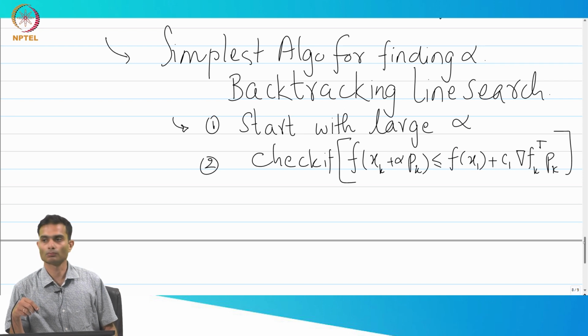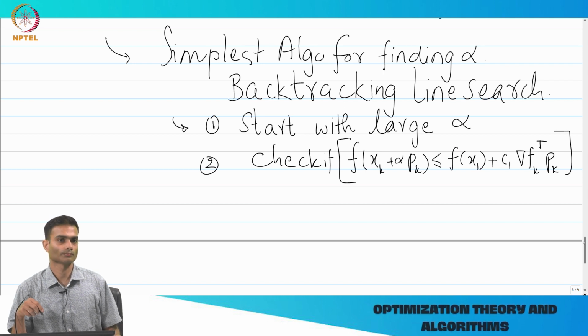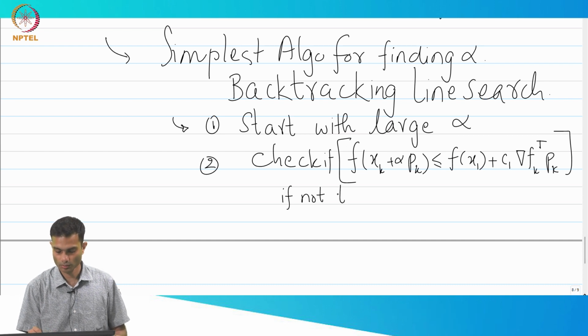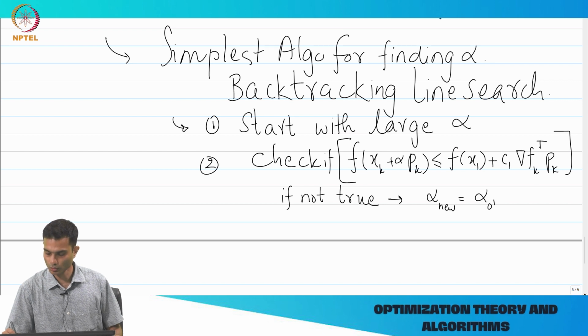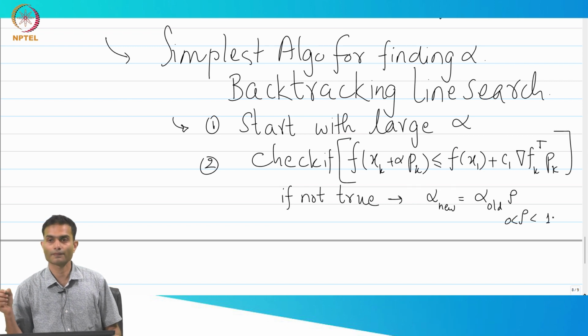Supposing it is not true, what would you do? If not true, I need to reduce alpha. So I could do something like alpha new is equal to alpha old multiplied by rho, where rho is some number between 0 and 1.